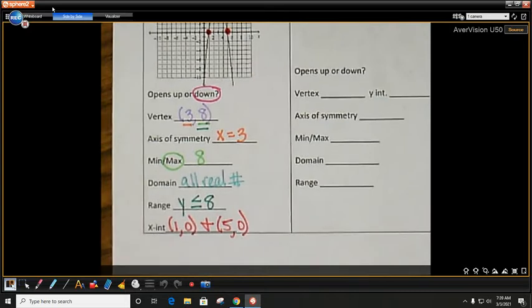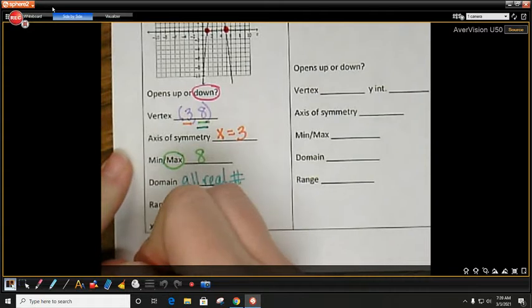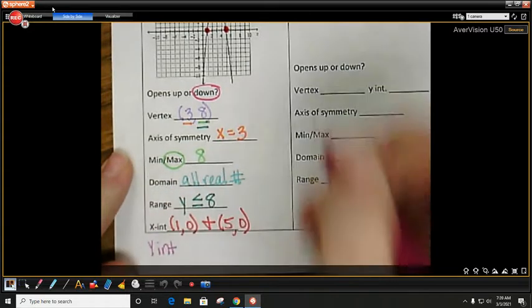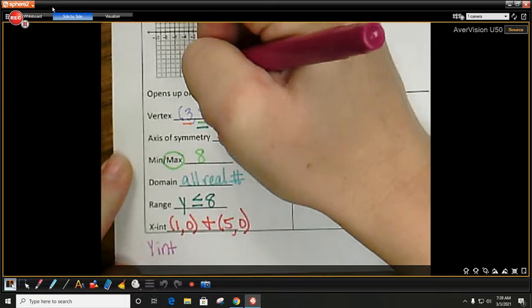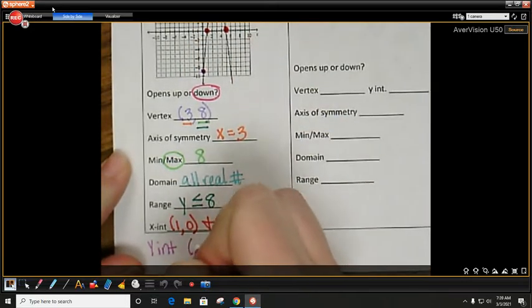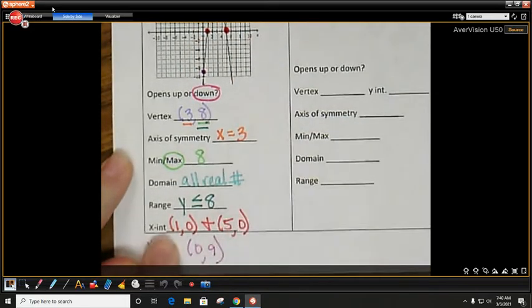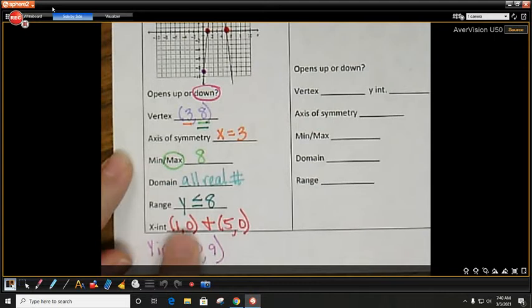It also could ask you for your y-intercept. This graph is kind of hard to see because it's kind of smushed down here. I would say it's right there at 0, -9. Remember, x-intercepts are always x, 0. Y-intercepts are always 0, y.